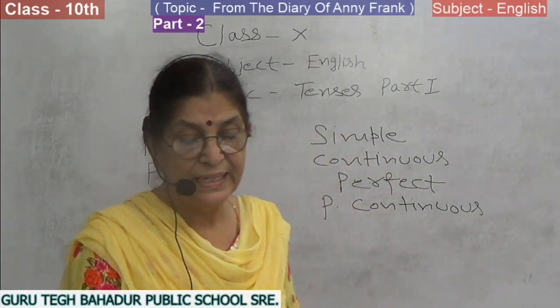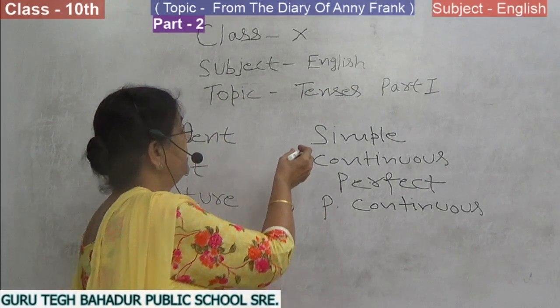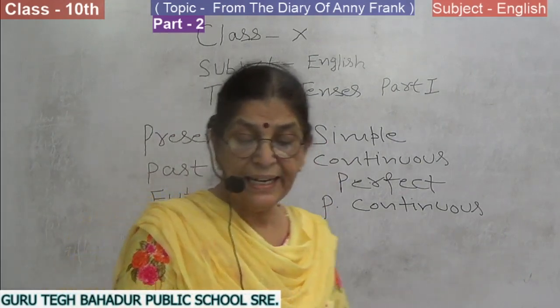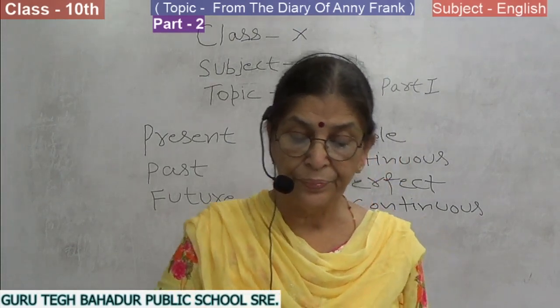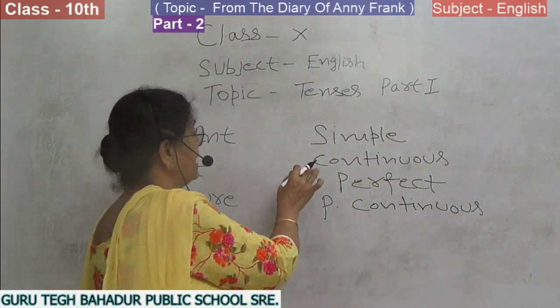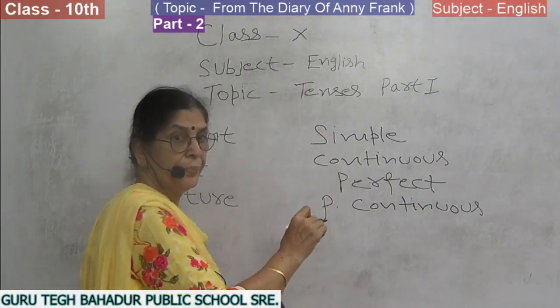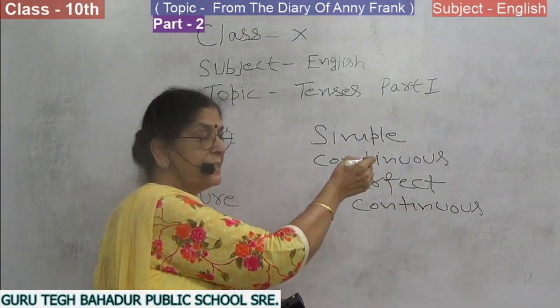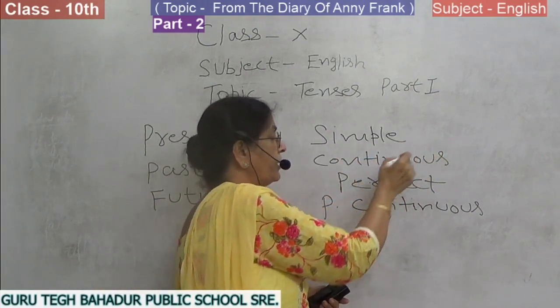As far as indefinite or simple is concerned, it indicates an action. Then continuous is also called progressive. In this, the work is in progress. The work is not completed, it is in progress.